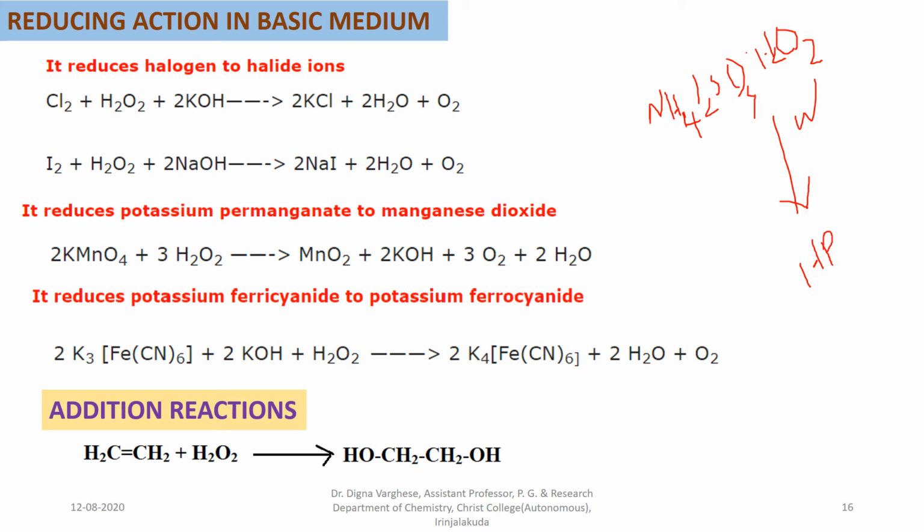So it also forms addition compounds with some inorganic compounds like ammonium sulfate as well as sodium hydrogen phosphate. So these are some important reactions of hydrogen peroxide.